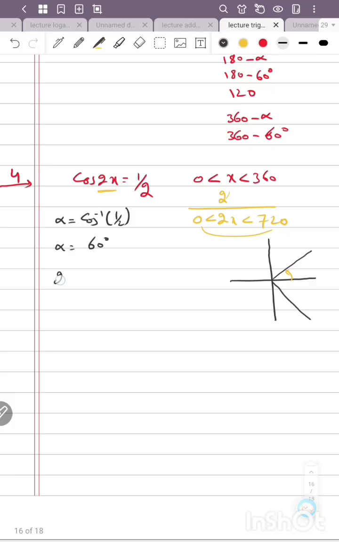Our answer is 2x, because here it is 2x, so 2x is 60. Now we go forward. If we start from here and go to the fourth quadrant, we get 360 minus 60, the answer is 300. So our answer is 300.